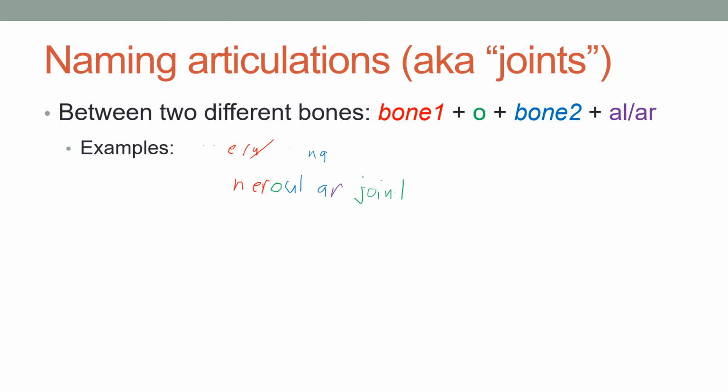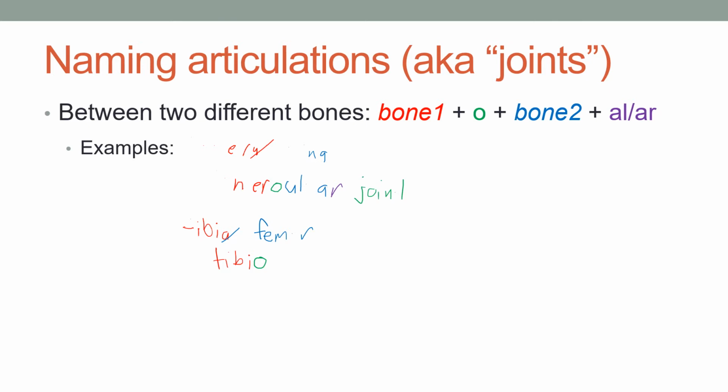Let's think of another couple of bones that kind of famously come together. We can talk about the tibia and the femur. Again, we drop the last letter in tibia, and so we get tibio.